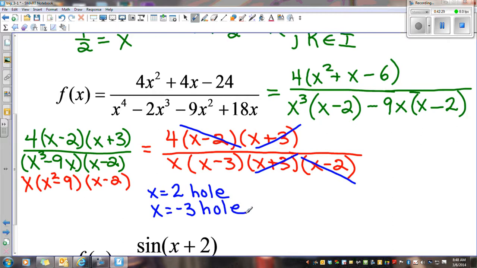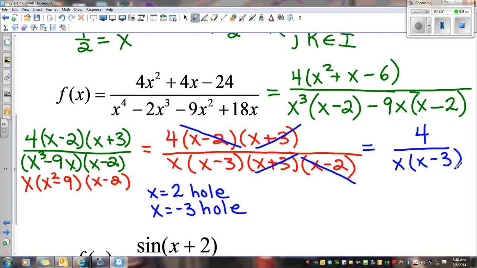Now talk to me about what's left. So we got 4 over x squared. Okay, so someone's writing this again. They're saying I've got 4 over x times x minus 3. All right, now I want to know about that giant thing. I want to know about 2 things.